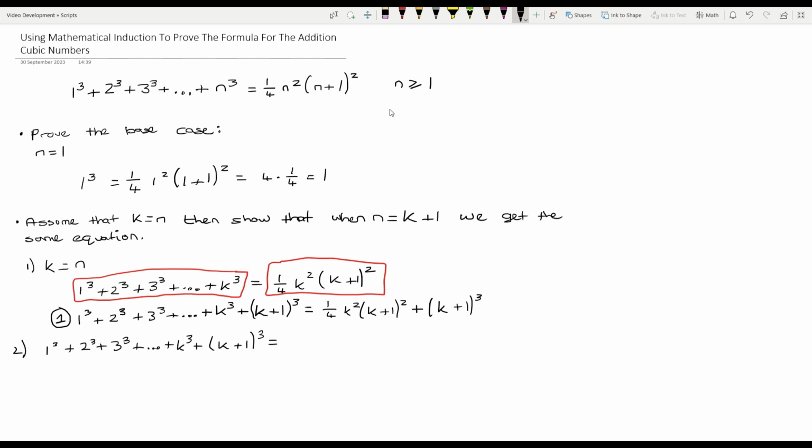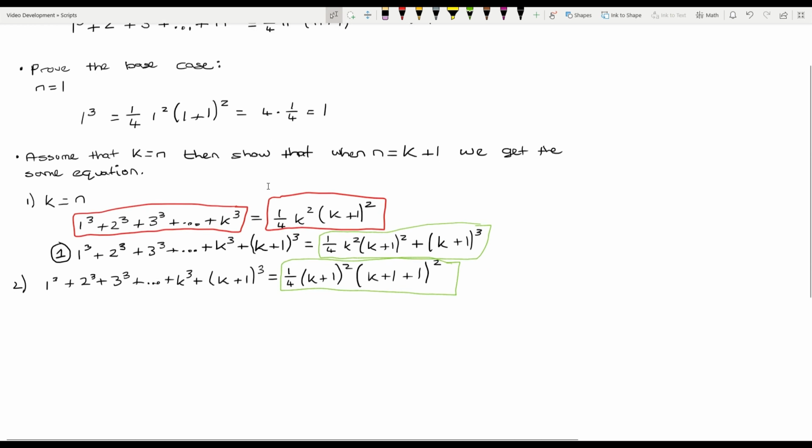So we're going to say a quarter of (k plus 1) squared times (k plus 2) squared. And we're going to simplify both this and this and prove that they are the same thing, and that will be enough to prove that our top equation works for all numbers of n greater than or equal to 1.